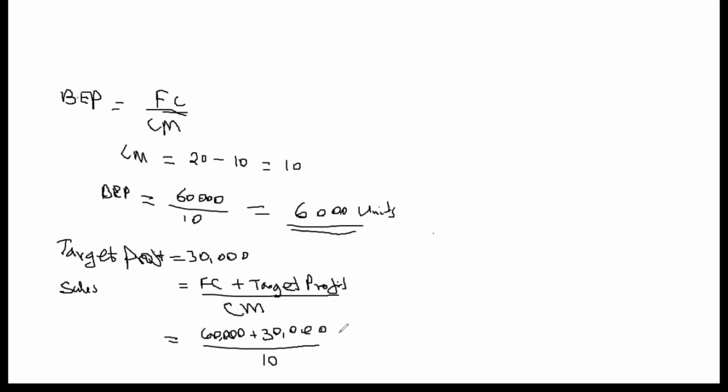And this will give us 9,000 units. So this is the formula that we use for our target sales to give us a target profit of 30. You just take fixed cost plus the target profit over contribution margin. You can call this one target sales.